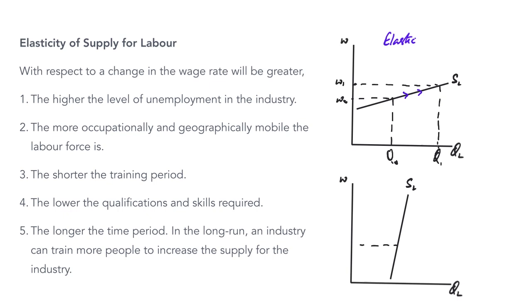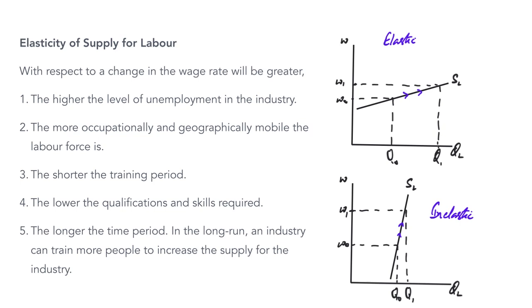In the second case, when the wage goes up substantially, the increase in quantity supplied is hardly anything. That means it's not so easy to increase the supply, and we say this is a situation when the supply curve is inelastic. Is that clear?